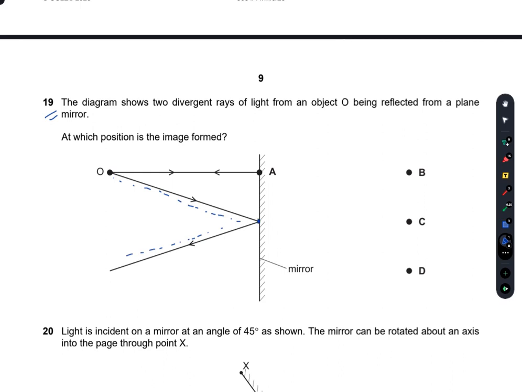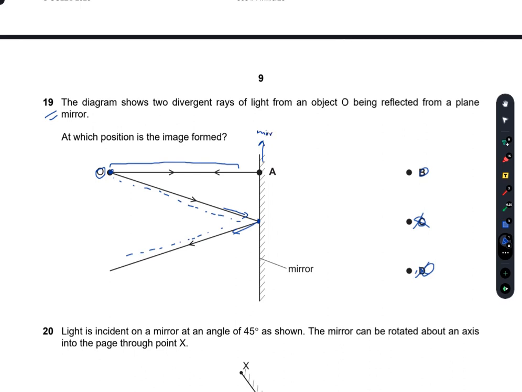There would not be any formation of image because light hits here and then light moves back here, so there won't be any image formed here. And this O is at the same distance as B, C and D. Now I already eliminated C and D, and this is a reflection experiment. So if O is at this distance to the mirror A, this is the plane, this is the mirror.